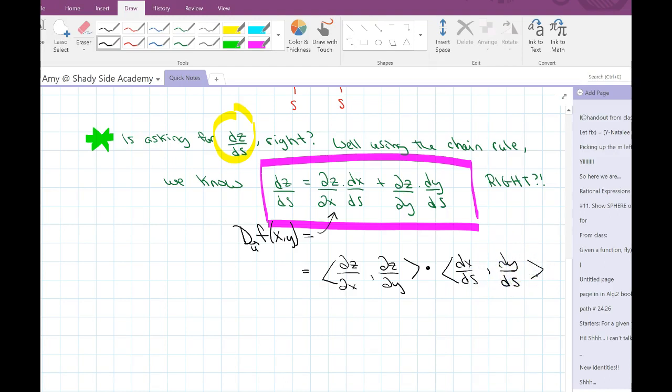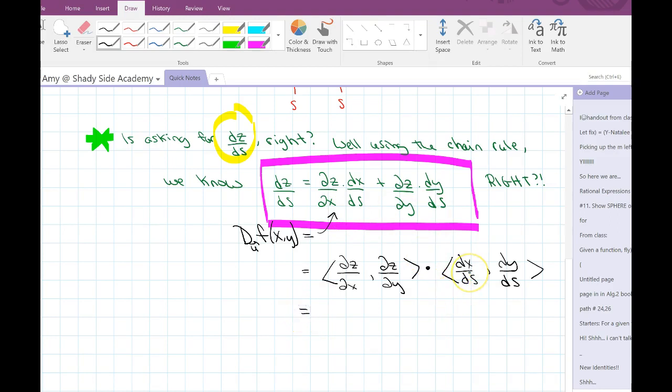Would you agree, everyone, that if I were to give you this dot product, dz by dx, comma, dz by dy, dot dx ds, comma, dy ds, mathematically, this dot product would absolutely equal this, correct? Yes, correct. Well, let's go a little further.